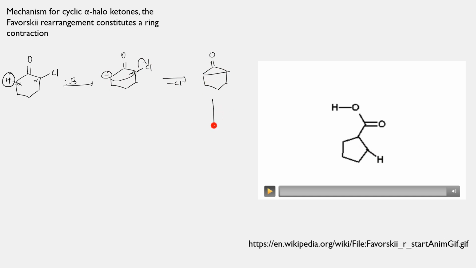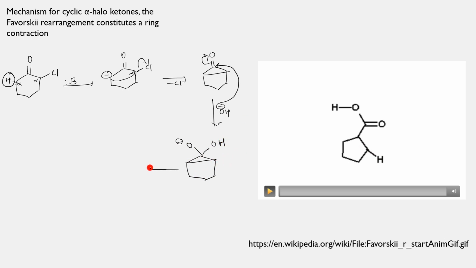Now once the cyclopropane ring is formed, again the base attacks. So now let's consider we are taking a hydroxide like NaOH or something like that. Now this will attack the electrophilic carbon and the electrons shift over here. So this will give you O minus, this will give you OH, and this is the cyclopropane intermediate.